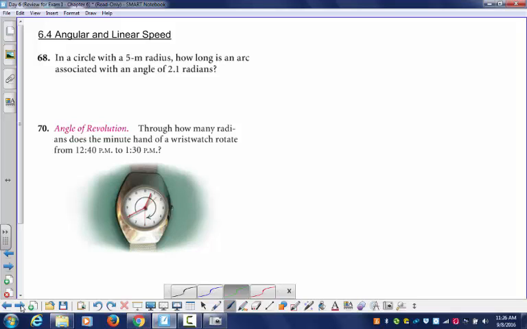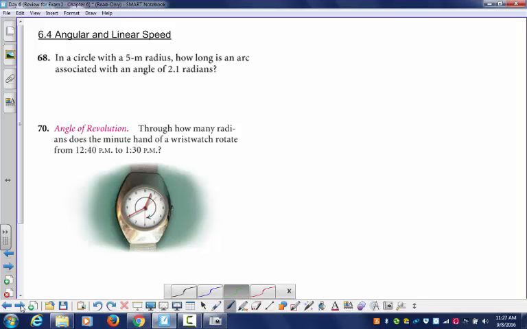All right. In a circle with a 5-meter radius, how long is an arc associated with an angle of 2.1 radians? This is getting at a really important formula that connected a central angle, which just means an angle in a circle coming from the center of the circle, the radius, and the arc.